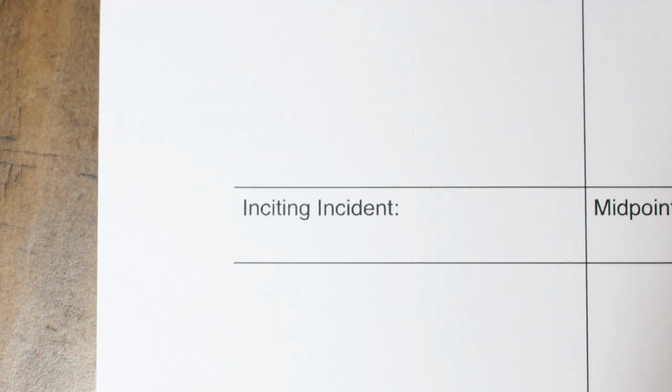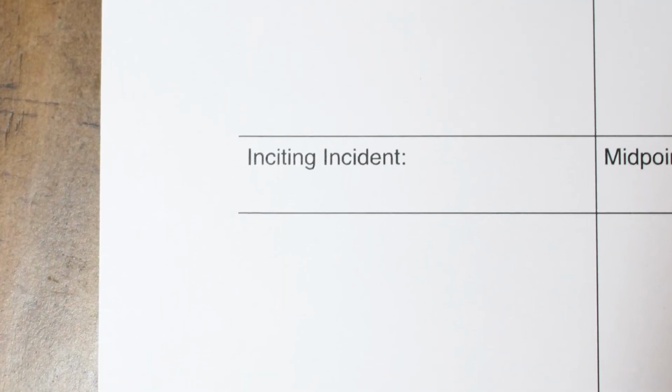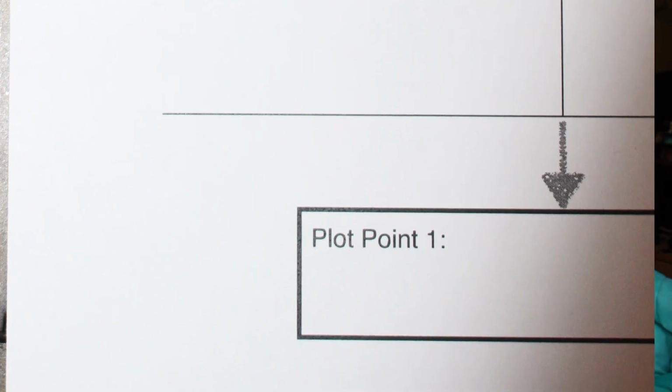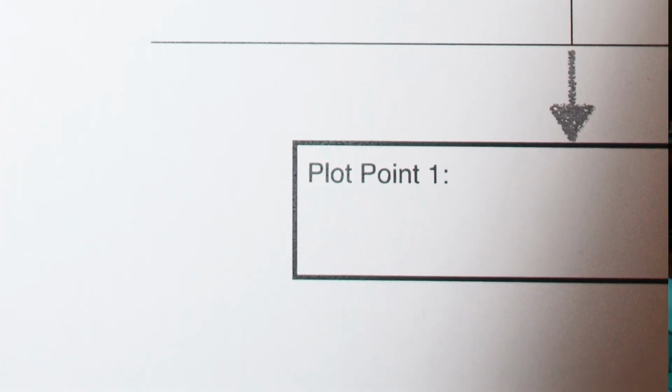In your setup you would have your enticing incident, which is basically your hook. It's the thing that's supposed to rope your audience into your story. At the end of Act 1, you have your plot point. This is a decisive moment which spurs your main character into Act 2. It's the end of the setup and it's the thing that leads to the confrontation of the story.